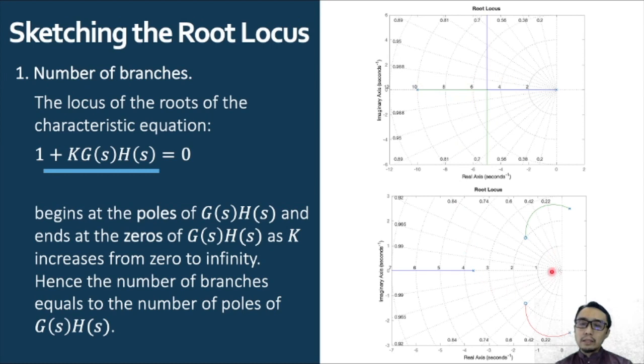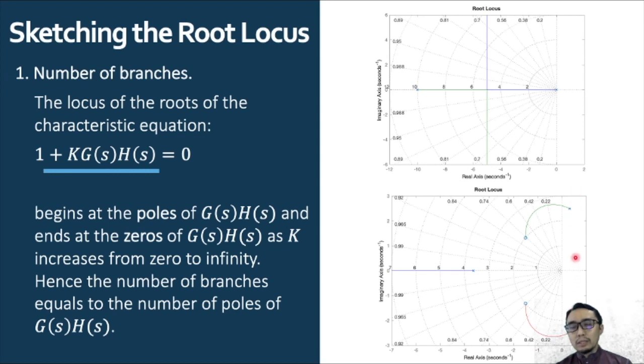In another example here, we have the poles of the characteristic equation. Okay, 3 poles, and you can see then there should be 3 branches, right? So essentially this is another advantage of why we study root locus. You can see that this pole is in the right half plane, so it's an unstable system initially.